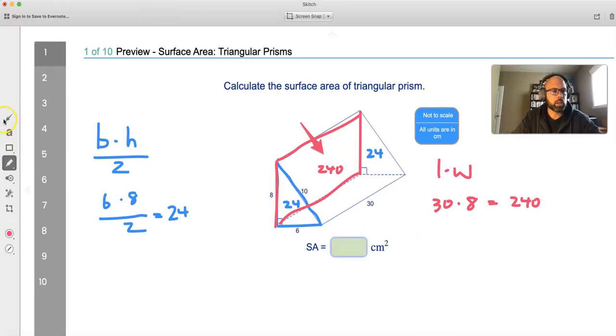But now let's focus on, let's use green to focus on this bottom panel over here. That bottom panel. So we've got a length situation of 30 again, but this line is not going to be 8, it's 6.